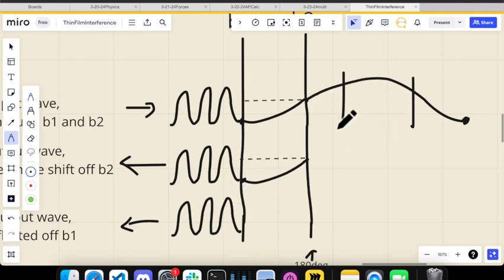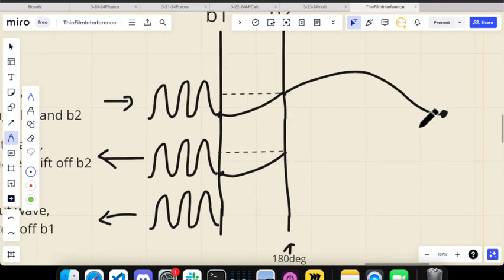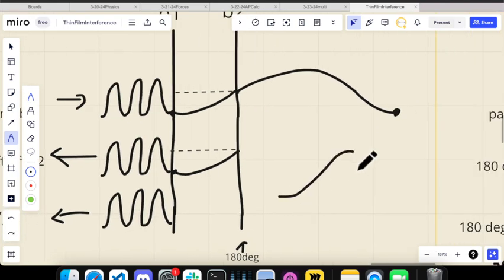Let me do it here. We want it to end up here. We want some partition where it's going to travel to this bottom point so that we end up with the same wave coming out. And that partition then has to be pi away from another partition, half a wavelength away from another partition.